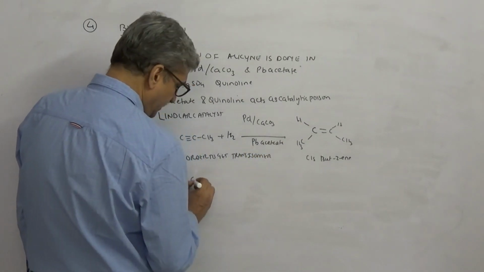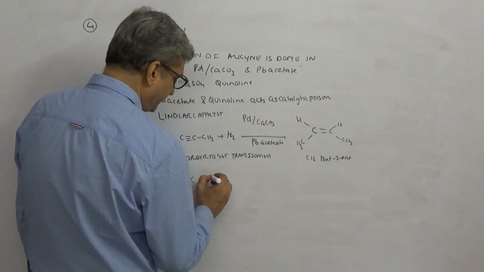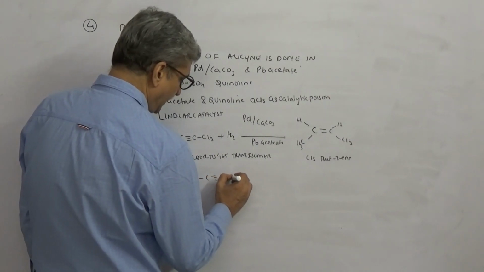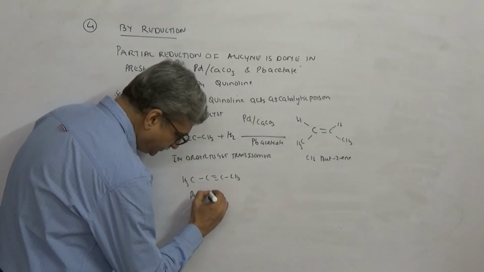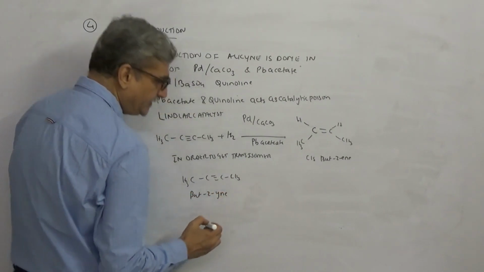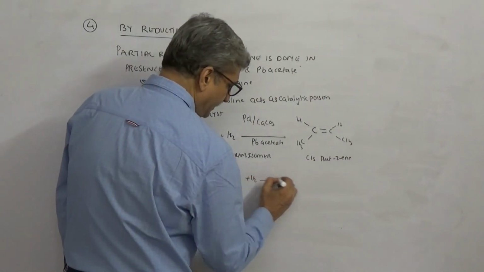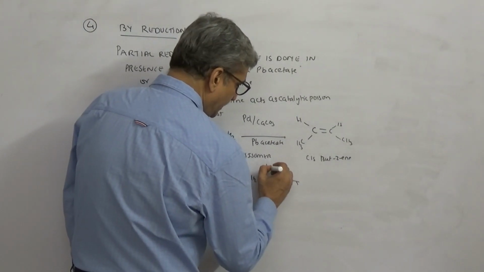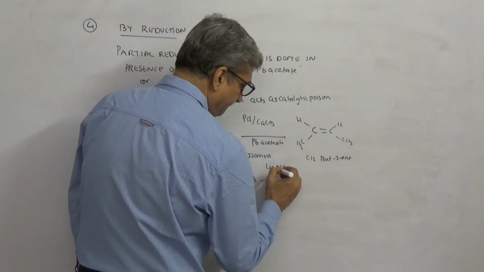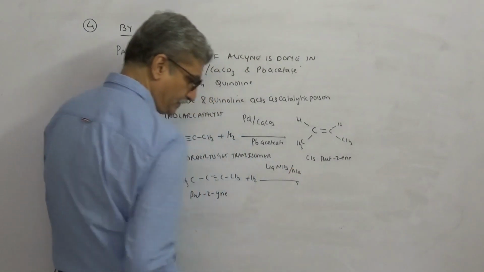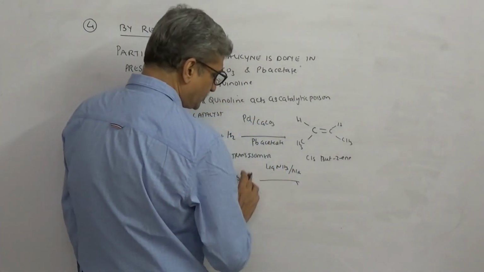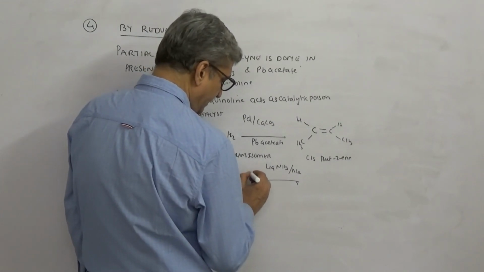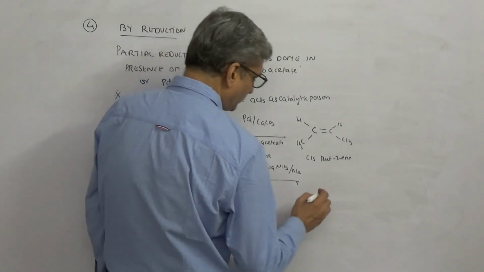we use, let's take the same example, but-2-yne. But here you will use liquid ammonia and sodium. So that should create a trans isomer. So liquid ammonia and sodium itself will give nascent hydrogen. So what will it give?